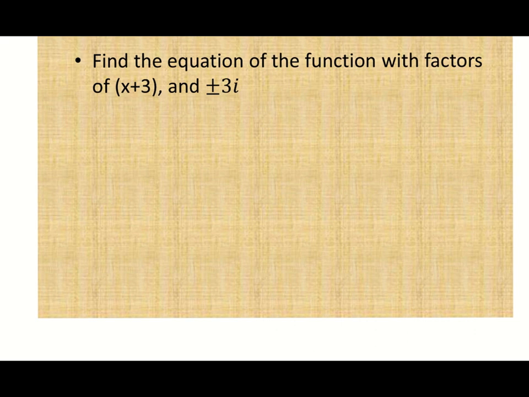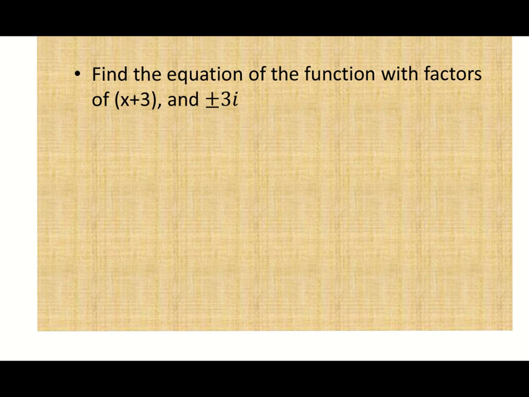All right, so this says find the equation of the function with factors of x plus 3 and positive and negative 3i. So I'm going to break this down into two different parts. I'm going to start by finding factored form, and then we're going to multiply it out to find standard form.